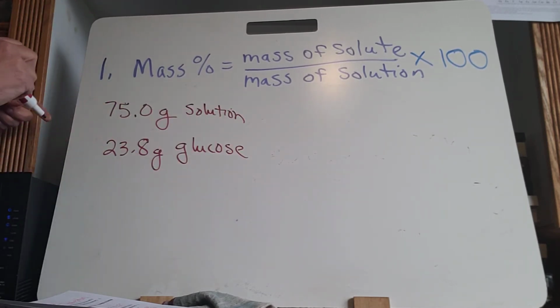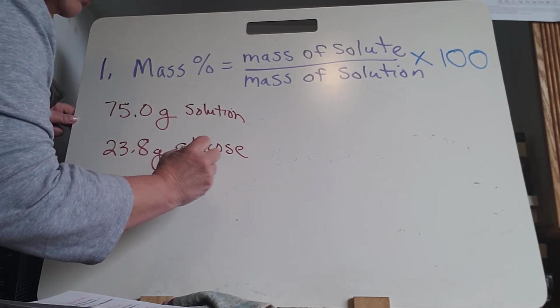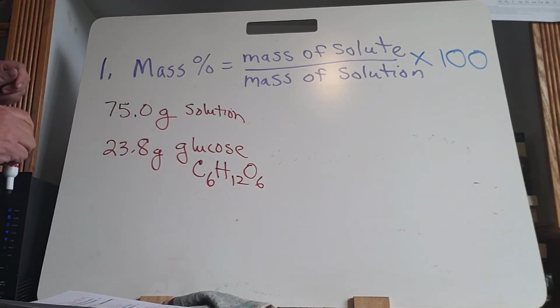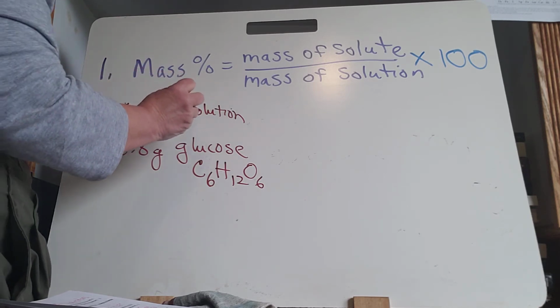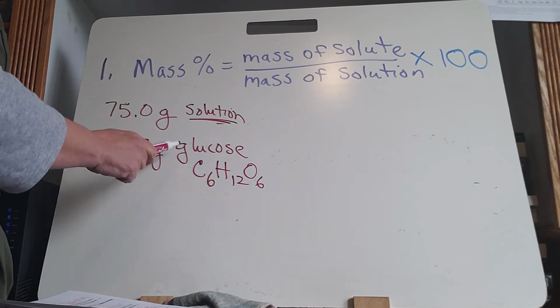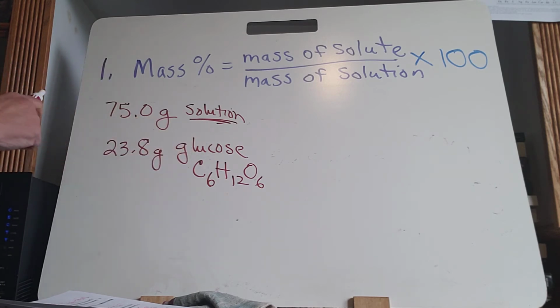I don't know if you remember from biology class, glucose is C6H12O6. Calculate the mass percent of glucose in this solution. So it's giving us that the solution is a total of 75.0 grams and that I'm putting in glucose 23.8 grams. So what is the mass percent? Go ahead and set up your problem. I'm going to pause your video.